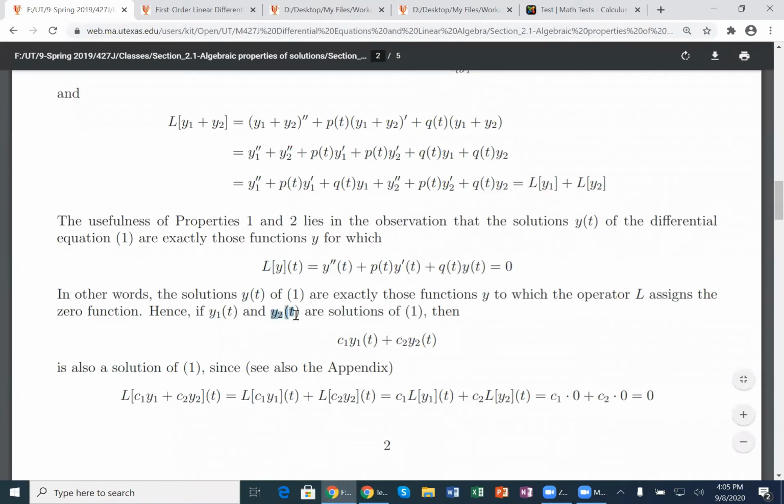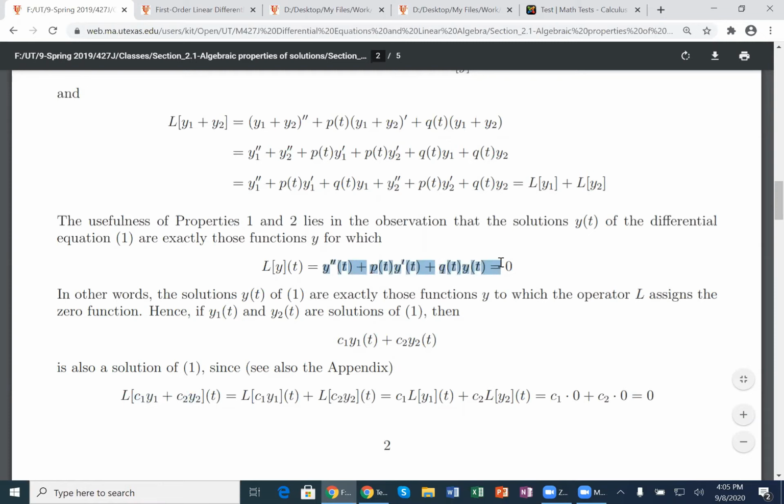Similarly, since y2 is a solution of this equation, L of y2 is 0. Lastly, obviously, C1 times 0 plus C2 times 0 is 0. So, if we replace y by this, which is over here, we get 0 again, which means this is a solution of our equation.